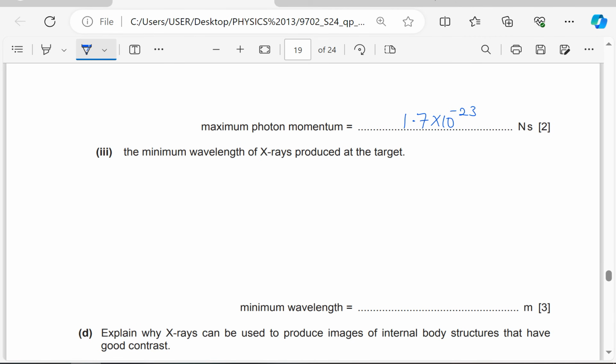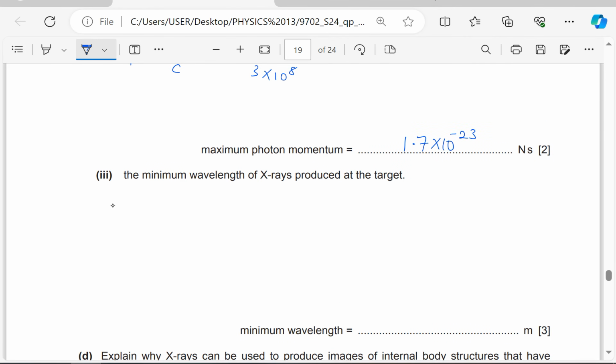Then the maximum wavelength of X-rays produced at the target. We also know that energy of an X-ray photon is hf, which is the same as hc divided by wavelength. So the wavelength is going to be hc divided by the energy.